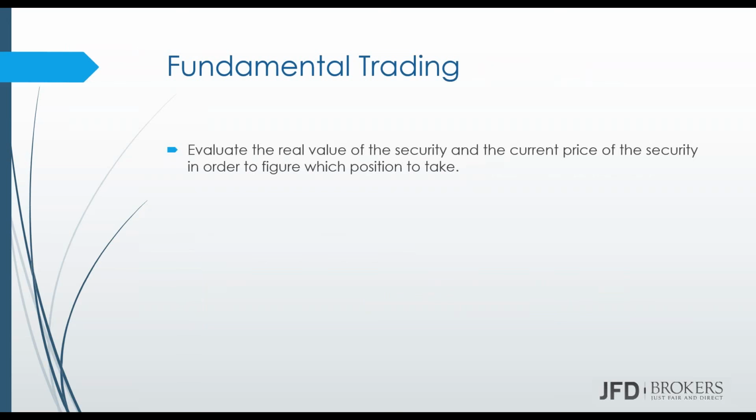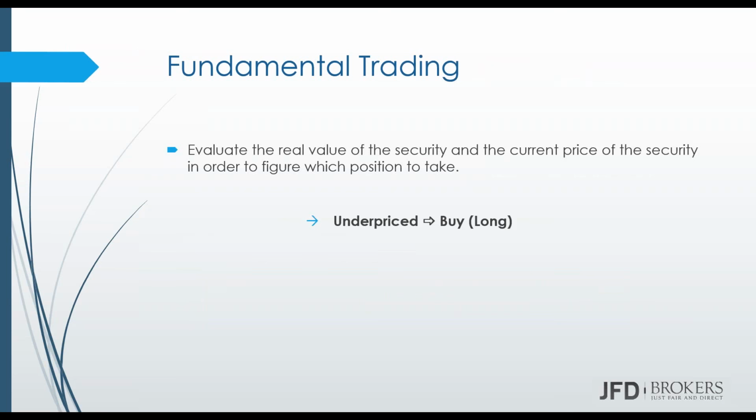Basically, what fundamental traders usually do is evaluate the real value of a security and compare it with the current price of the security in order to find securities that are underpriced or overpriced and take positions. If the current price of an asset in the market is below its real value, which means that it's underpriced, then you take a long position.